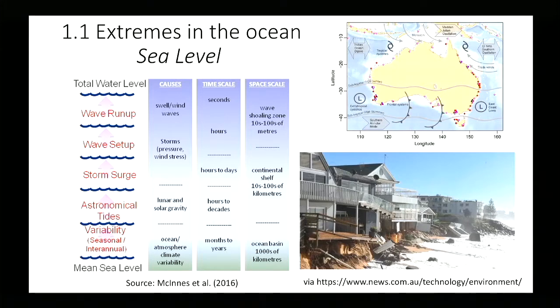So we're going to shorter and shorter time scales from longer time scales and larger space scales, then to astronomical tides, maybe hours and days, storm surge, things like weather events, east coast lows, tropical cyclones and so on, wave setup, and then wave run up all the way to there. So you can see there's a cross interaction of scales, from large scales to small scales, and that actually affects sea level.